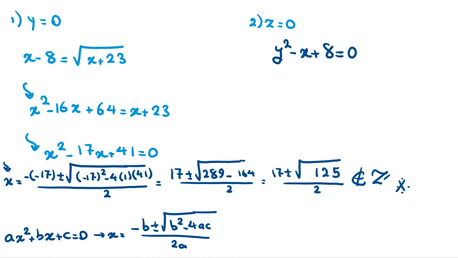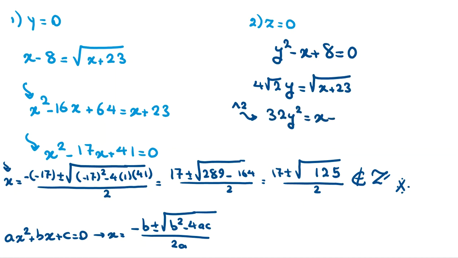Let me write 4 root 2y equal to root x plus 23. If we raise to the power of 2, 4 times 4, 16 times 2, 32, y squared equal to x plus 23.